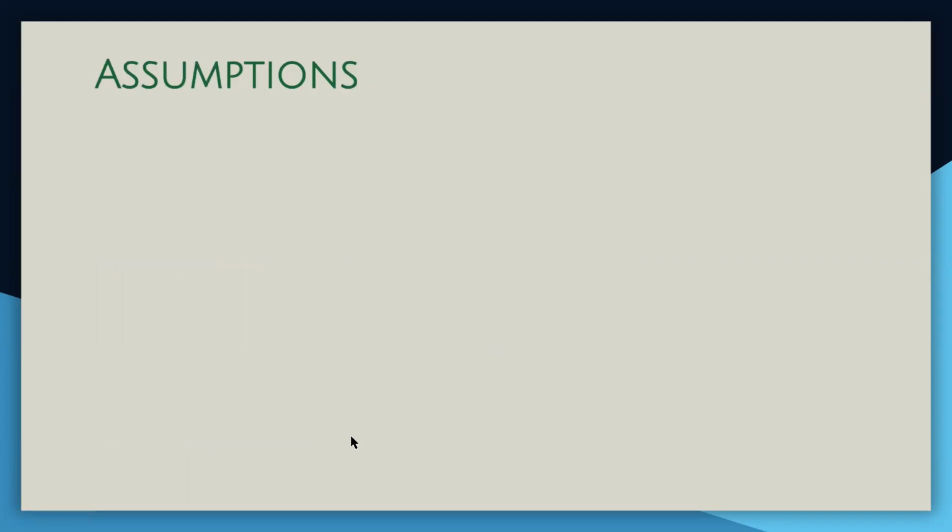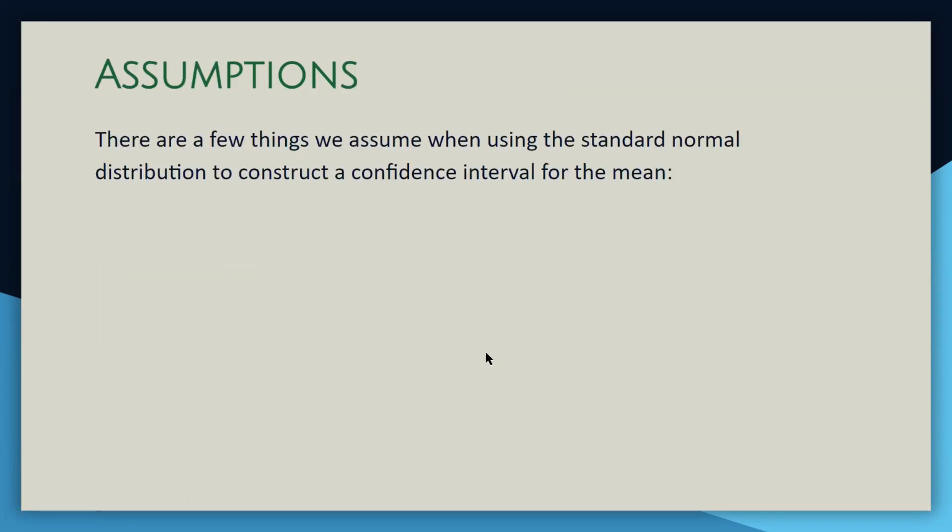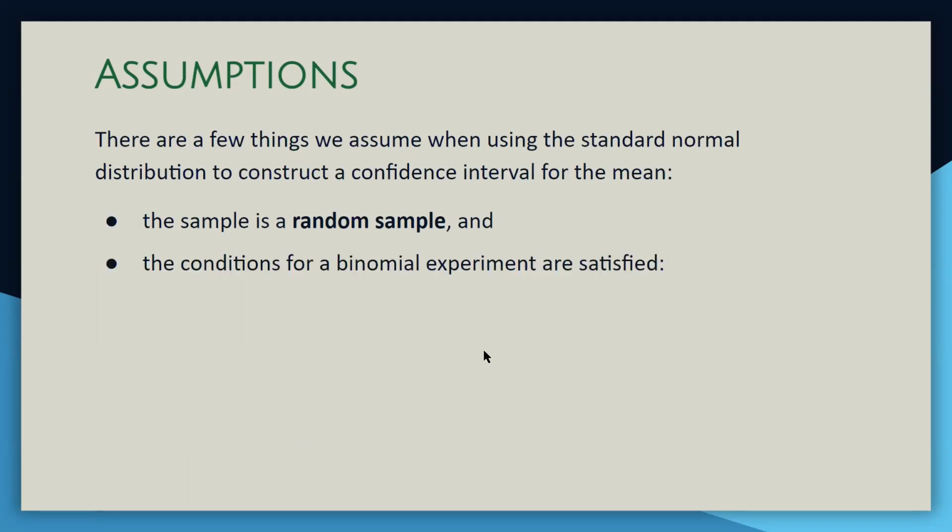We have assumptions for this confidence interval, just like we did for the other types. We are assuming again that the sample is a random sample and that the conditions for a binomial experiment are satisfied. If that n, x, and p symbol looks familiar, that's because we used it about 2 weeks ago when we talked about discrete probability distributions. We are using a normal curve to estimate something that is inherently binomial.